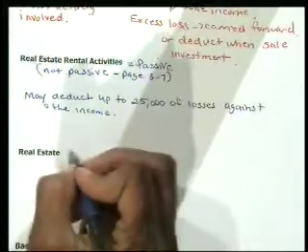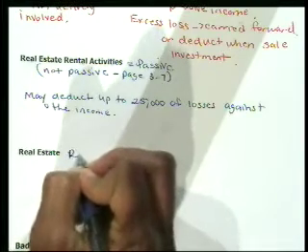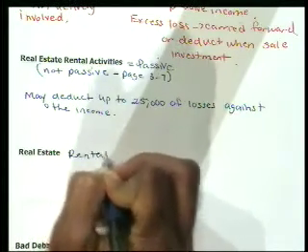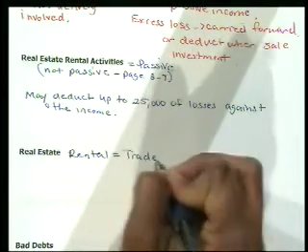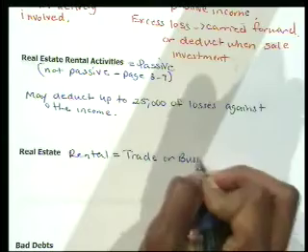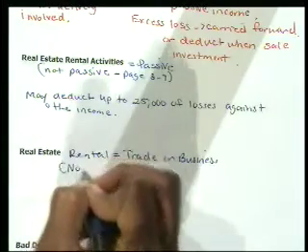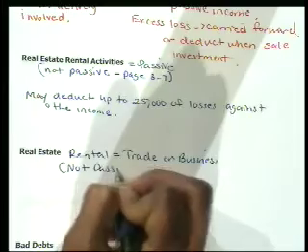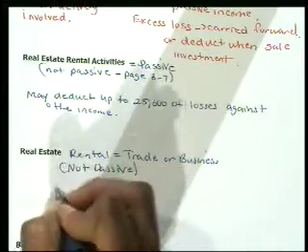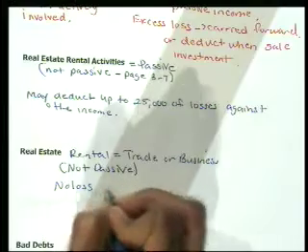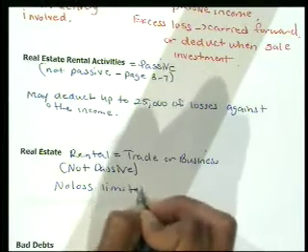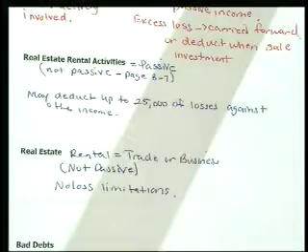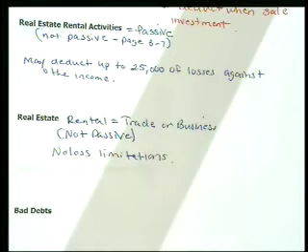So if the real estate rental equals a trade or a business, meaning it's not passive and you've met those rules, then you have no loss limitations and it's not considered passive. So you just want to make sure you follow those rules that's on page 3-7.